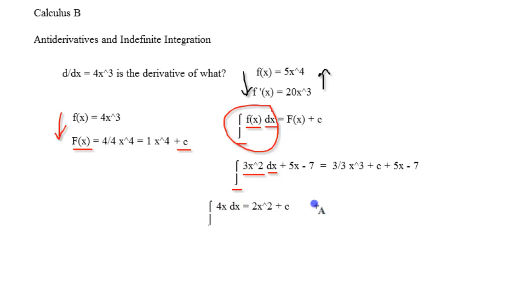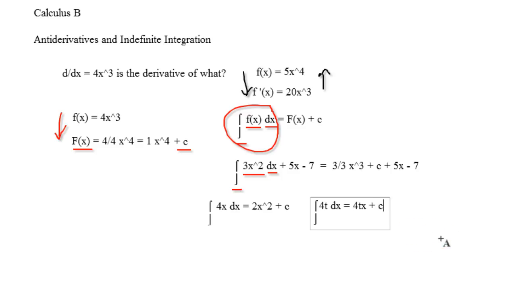Now, if I had a different letter, let's change that to, let's say, 4t dx. I would treat this 4t as a constant, and so I'd have 4tx plus c as my answer.